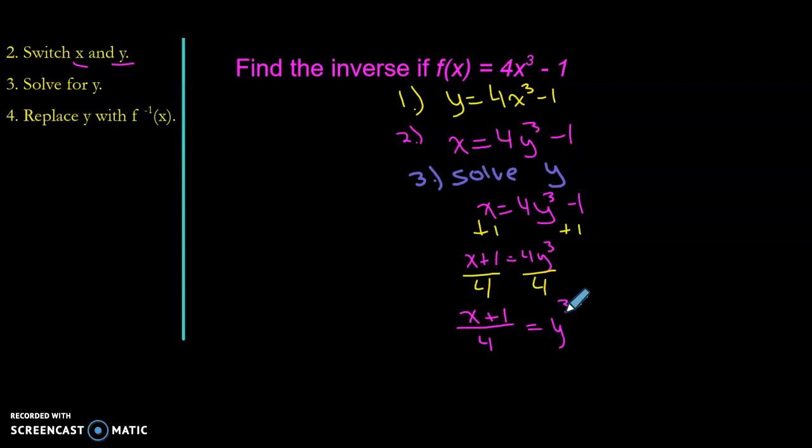In case you forgot, how do I undo the third power, or cube? The inverse of cube is to take its cube root, just the way the inverse of square is the square root.